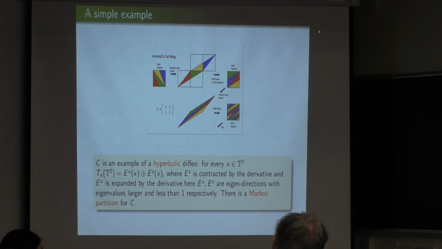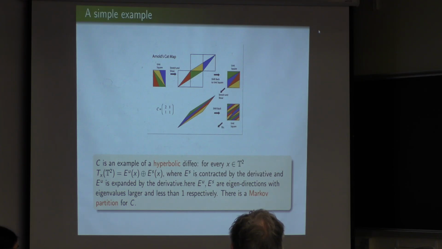Here it is very simple to see what they are. For the matrix 2, 1, 1, 1, you can do a direct computation and see it has 2 eigenvalues, lambda and lambda inverse, one bigger than 1, the other smaller than 1, and 2 real eigenvectors, V1 and V2. The eigenvector corresponding to the eigenvalue bigger than 1 is expanded, and the other one is contracted by the derivative.